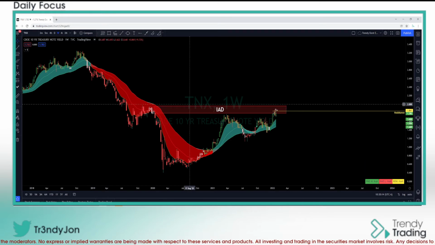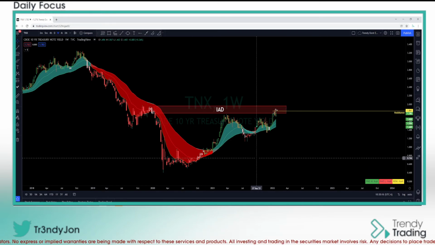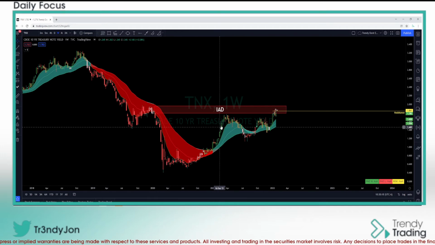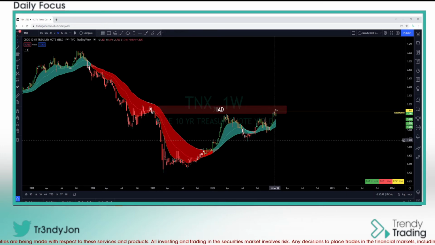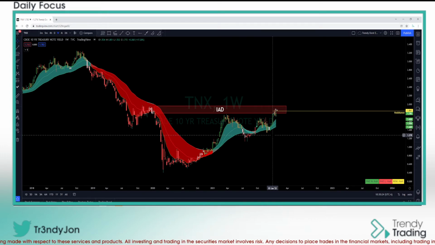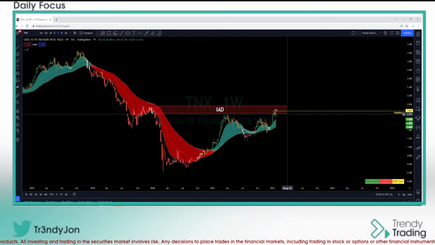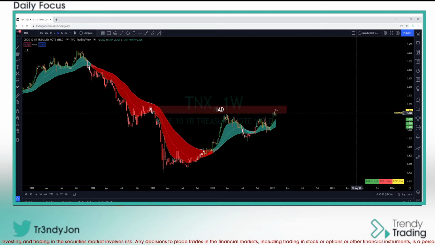This chart I put together several weeks ago, and what we want to see with the Treasury is for it to settle down. It doesn't have to necessarily fall. It just needs to settle down. It's a little crazy right now. The VIX is crazy, and so we put this resistance line up here.